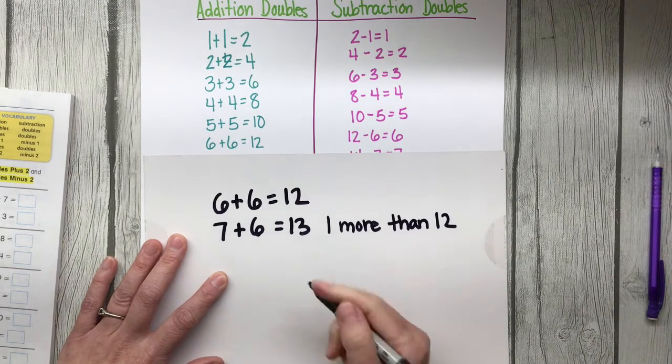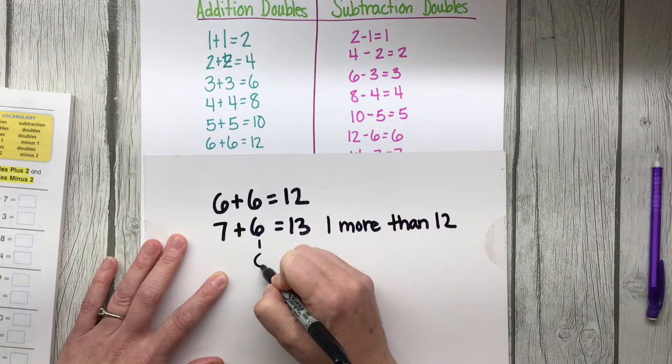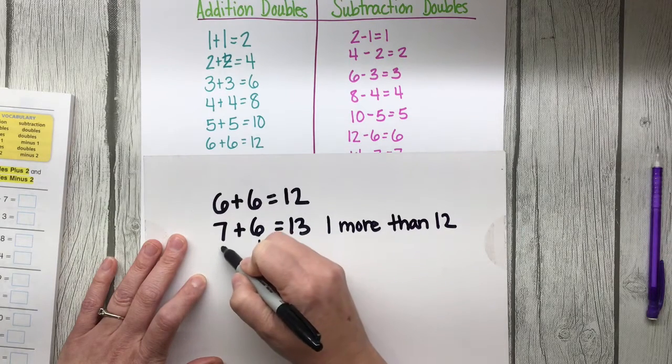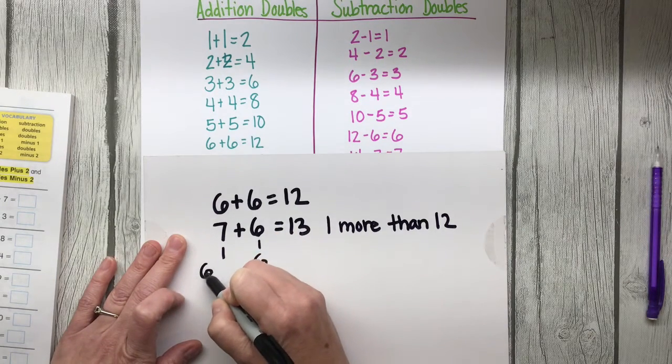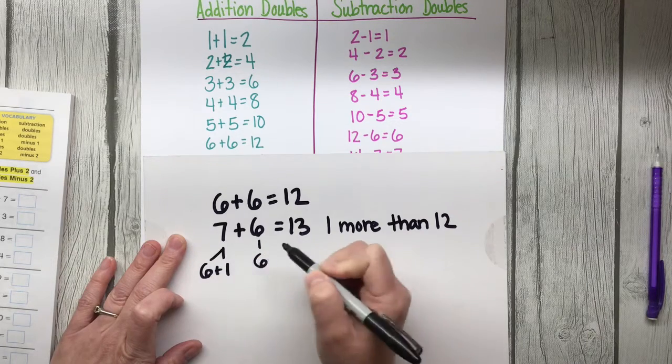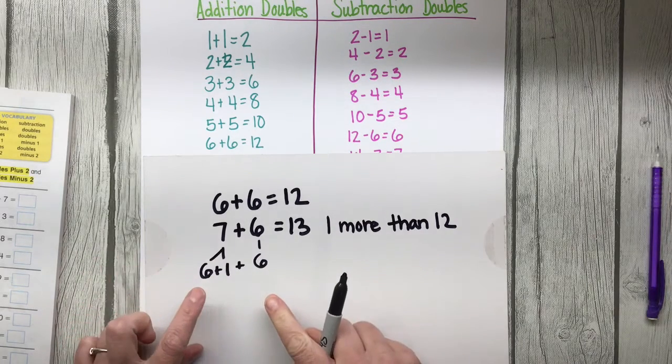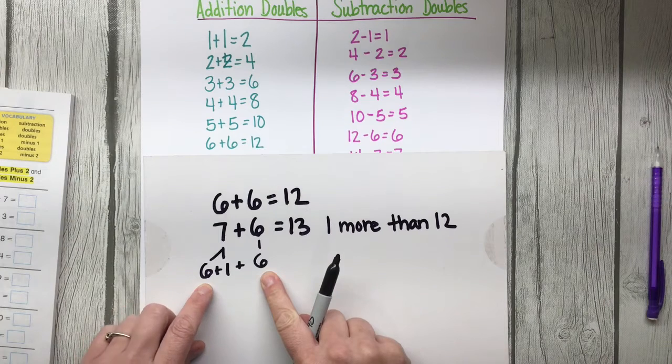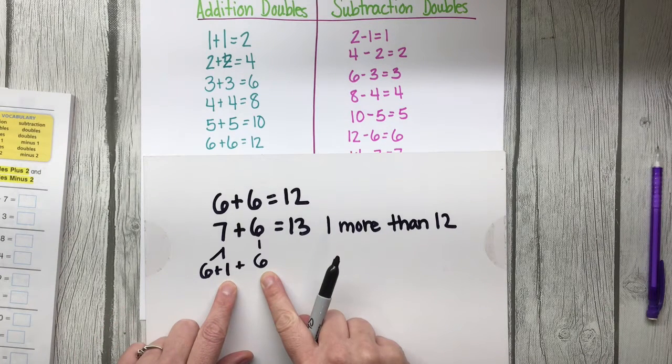What I'm hoping you can see is that the 6 is still a 6, but this 7 can be 6 plus 1. So if we can do 6 plus 6 is 12 quickly, then we know that we have just one more than that.